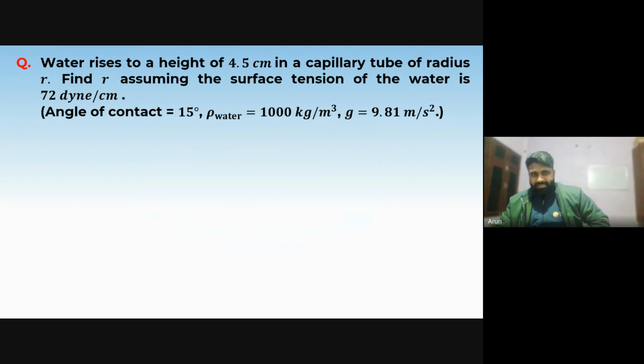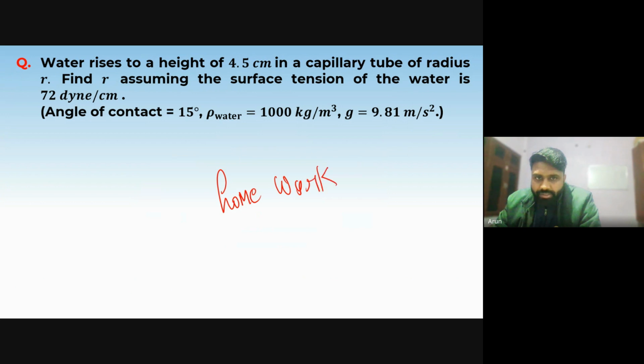You can solve this example. Water rises to a height of 4.5 centimeter in a capillary tube of radius small r. Find small r, assuming the surface tension of the water is 72 dyne per centimeter. You have to convert this dyne. This is the homework for you. Try to solve it at home. The height is given.